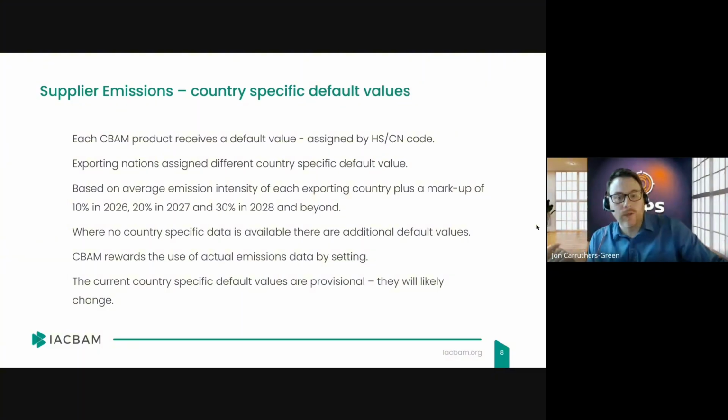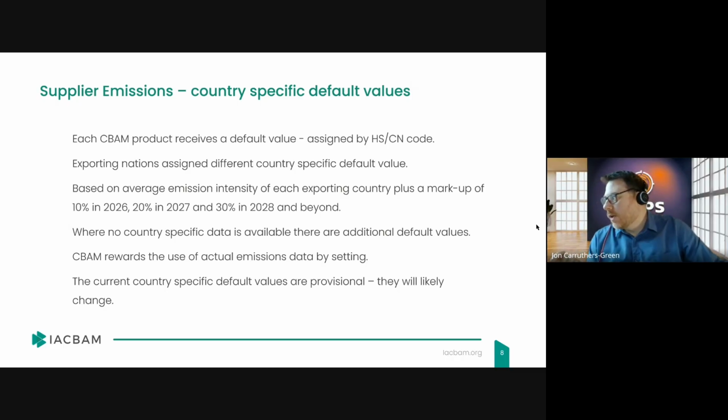Not every country and every product has a specific default value set within this document. In that instance, there is also a separate table for other countries not specified. So if you can't find a particular value for a particular country, navigate towards that table.